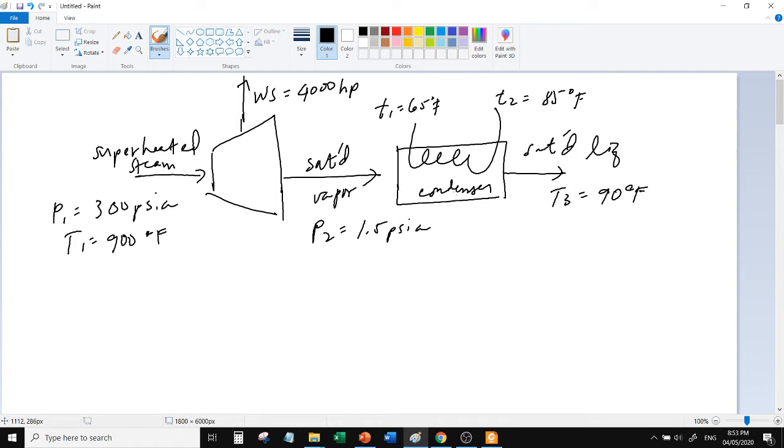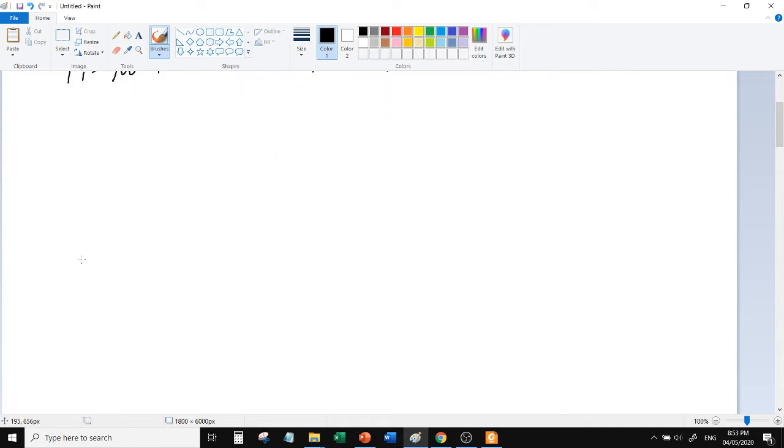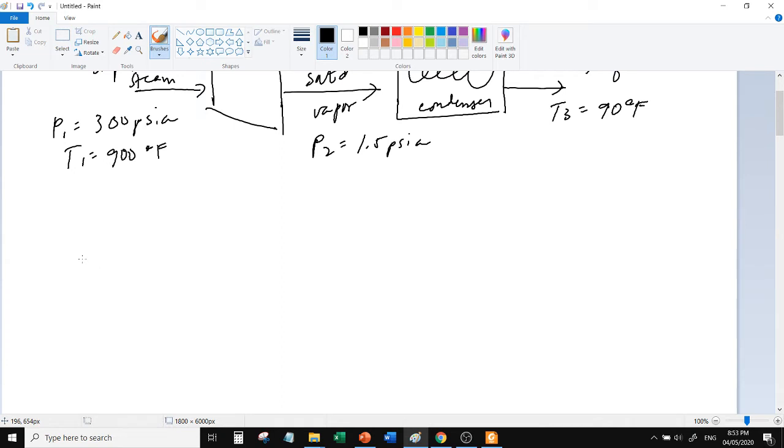Required is thermodynamic analysis of the process. So, pinaka-best practice dito ay gumawa ng table for each point. Say, we have point 1, point 2, point 3. Sa point 1, it's a superheated vapor, diba?